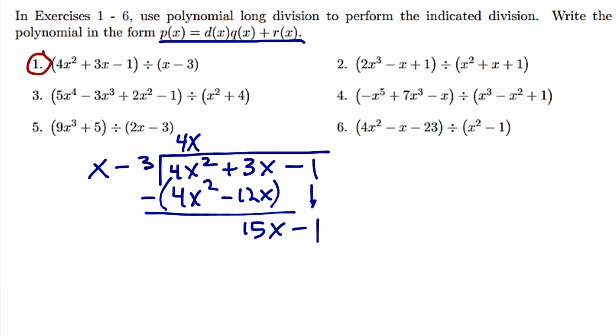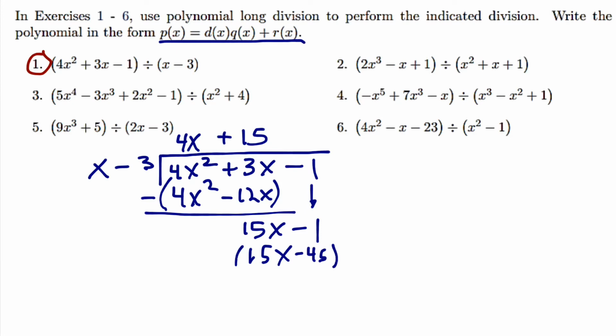Okay, let's do it again. So x times something will give me 15x. Well, we can see that it would have to be positive 15. So 15 times x is 15x. 15 times negative 3 is negative 45.